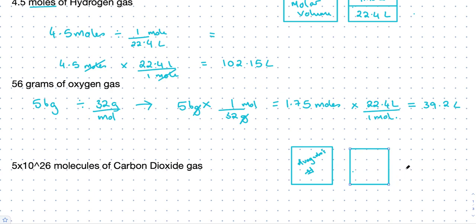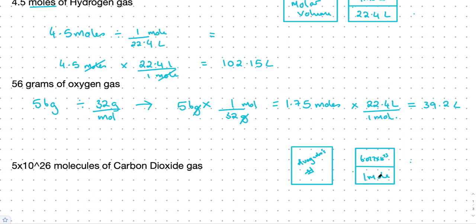And what it is, is 6.022 by 10 to the 23 molecules per 1 mole. So that's how many atoms or molecules there are in 1 mole of a substance.